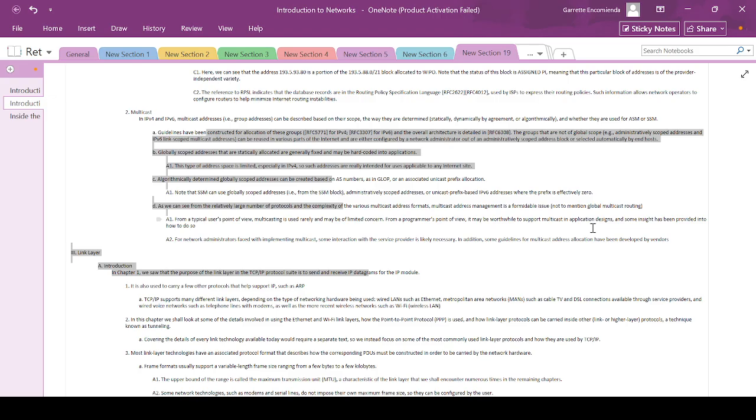Globally scoped addresses that are statically allocated are generally fixed and may be hard-coded into applications.